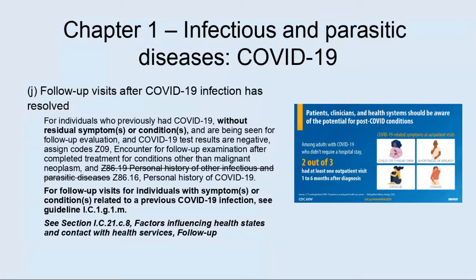And that's if they don't have current signs or symptoms. So before, again, Z86.19, other infectious and parasitic diseases, changed to Z86.16, personal history of COVID, made more specific.